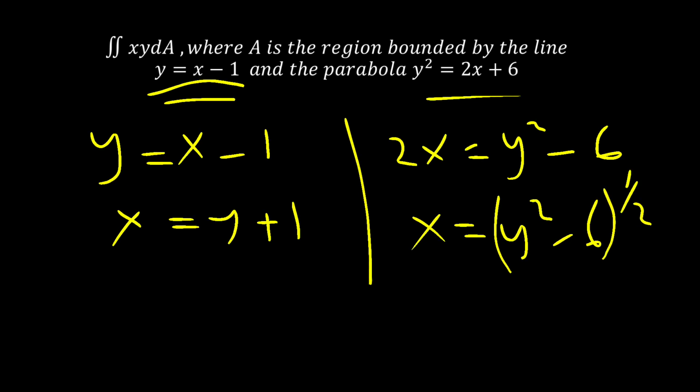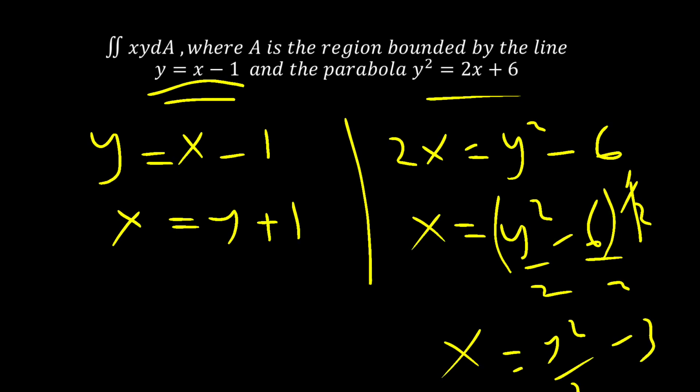To power half means it's a square root, not really. It means we need to divide. So we divide by 2 here, and we are having x being equal to y squared over 2 minus 3. So that's the true operation for that.